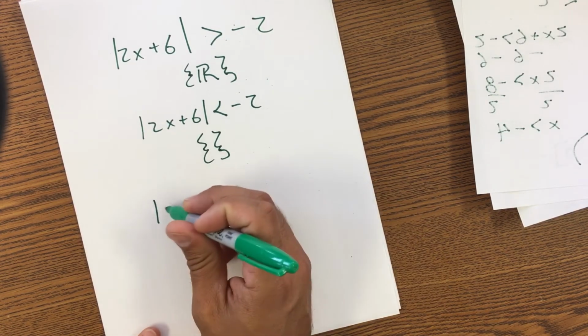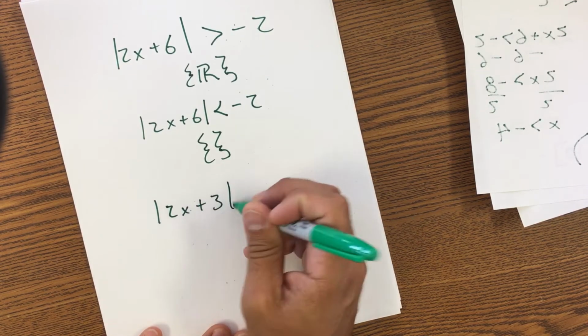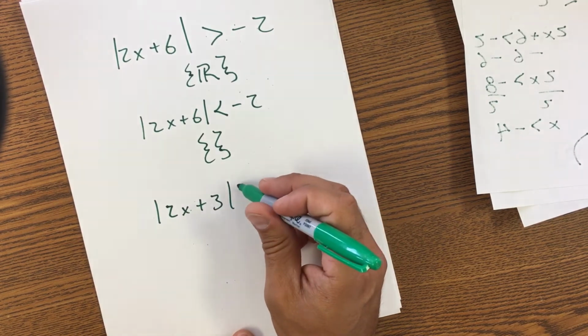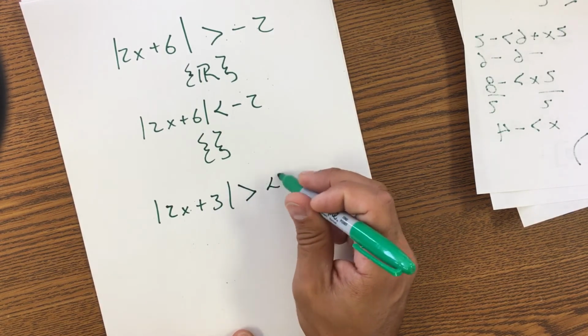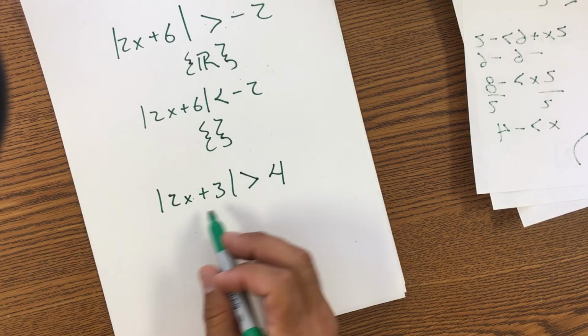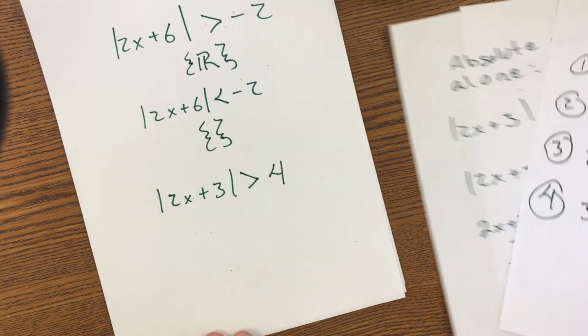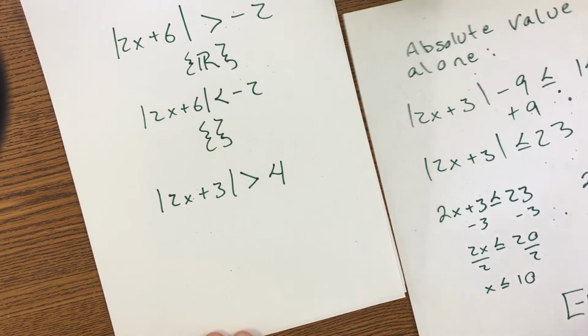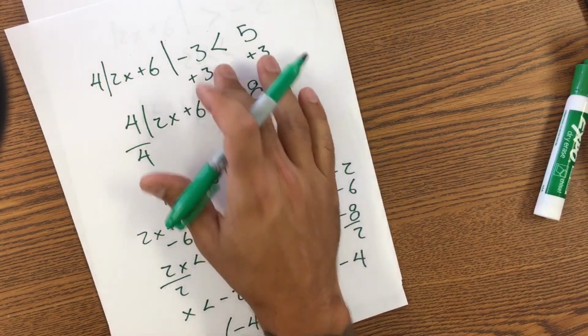Now, when we have something that tells us this one is more, it says greater, which if you noticed on the examples that I did, this one was less than or equal to. This one was less than.